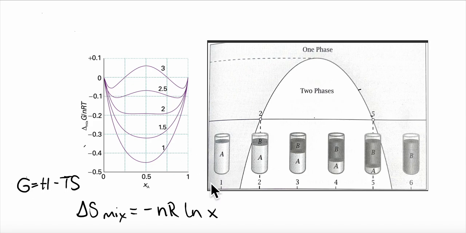And so we see here the temperature on this graph. We're going to go deeper into this picture later, but when the temperature is raised, we go from these two phases where we don't really have any solubility to the one phase region where we have full solubility of these two substances.